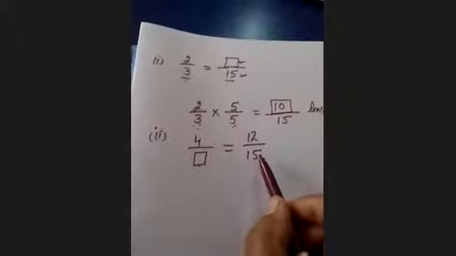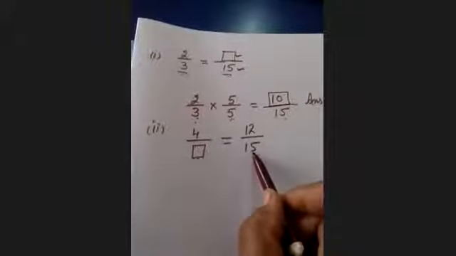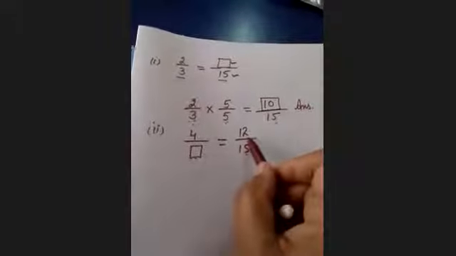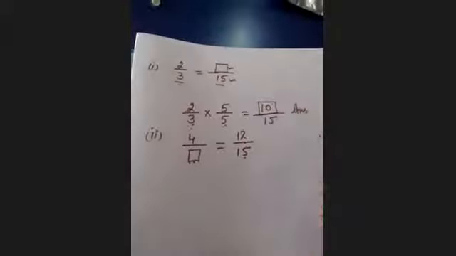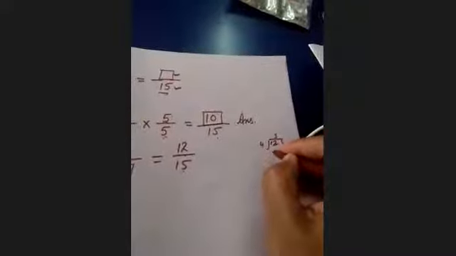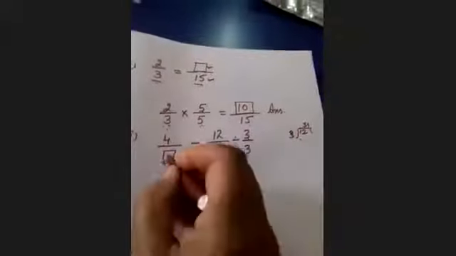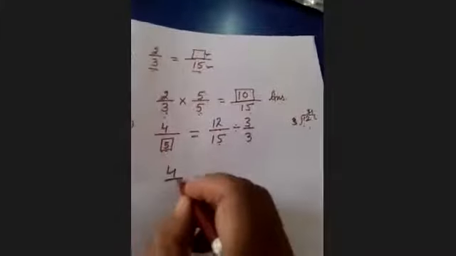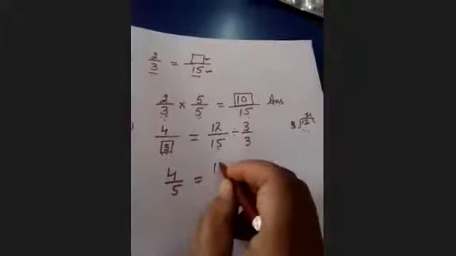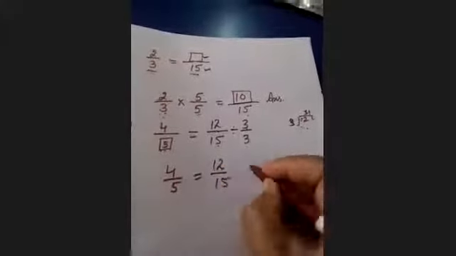Now, think by which number we will divide 12 to get this number. 12 by 3, sorry. So, divide by 3 and by 3. 12 divided by 3 we get 4. 15 divided by 3 we get 5. So our answer is 4 upon 5 is equal to 12 upon 15.